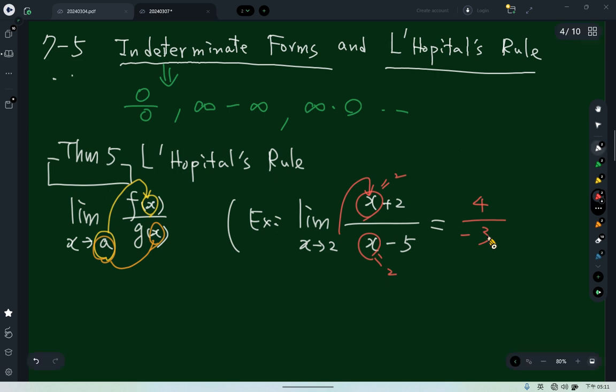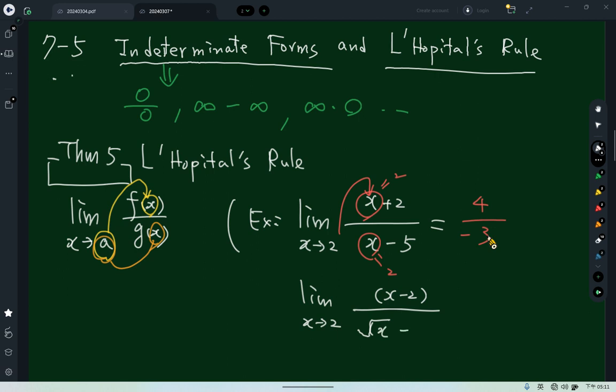But in another case, like one with x minus 2 in it, we also learned this before.